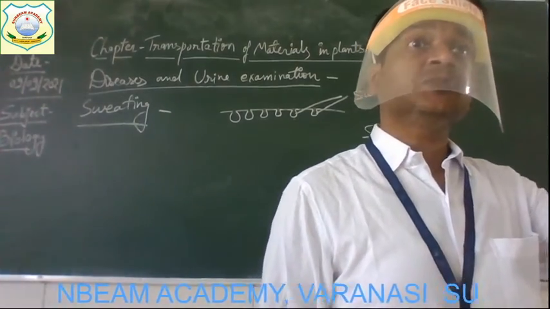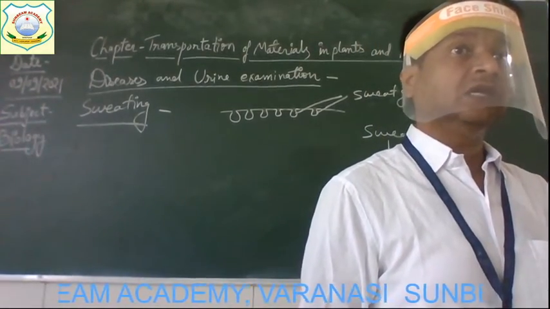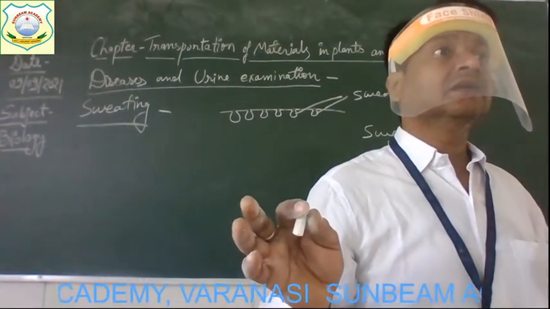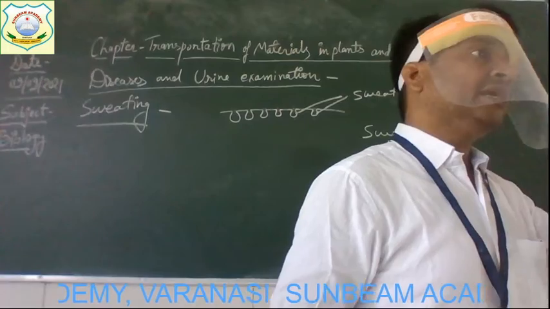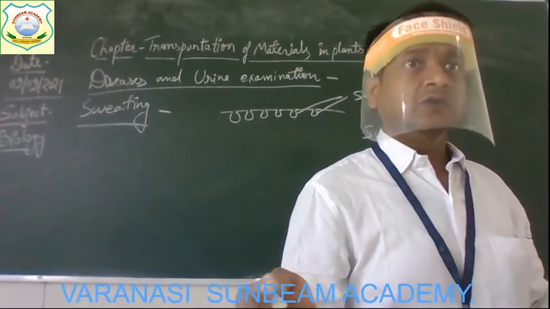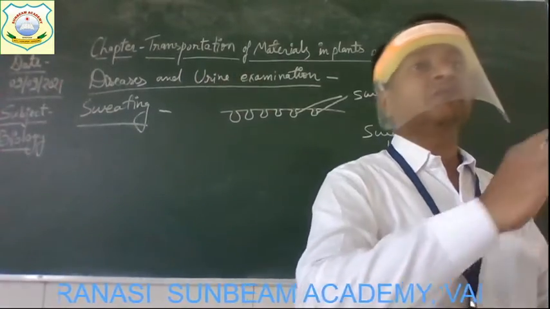Metabolic reactions take place in the cells of our body. Like at the time of producing energy, some waste material is also produced which is not used by our body. So it needs to be removed from the body.